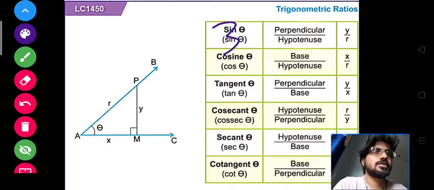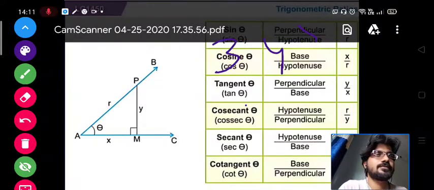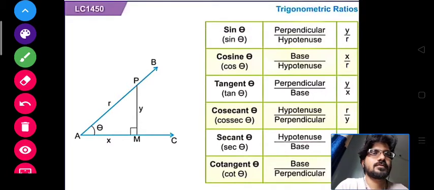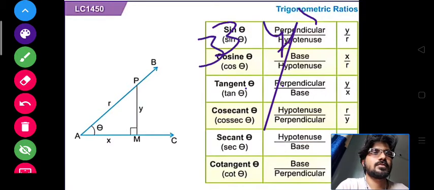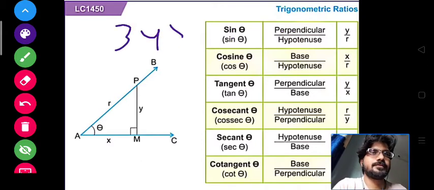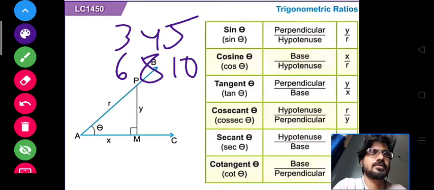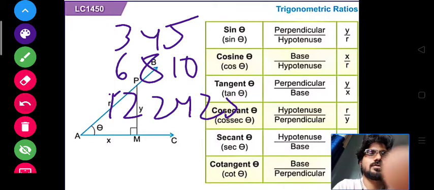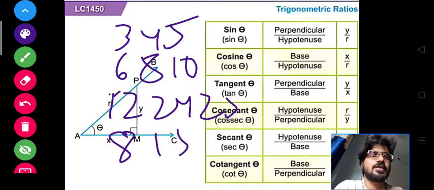So those numbers were 3, 4, 5; 6, 8, 10; 12, 24, 25; 8, 15, 17.